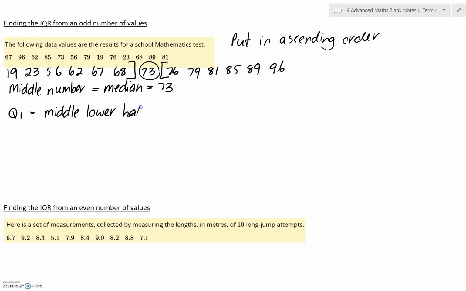Now let's have a quick look at how many values we've got in that lower half. So we've got 1, 2, 3, 4, 5, 6 values. Now we know that the middle of 6 values is actually going to be the average of the two in the middle. Because we can't have an even amount on both sides, we need to find the average of those two middle numbers.